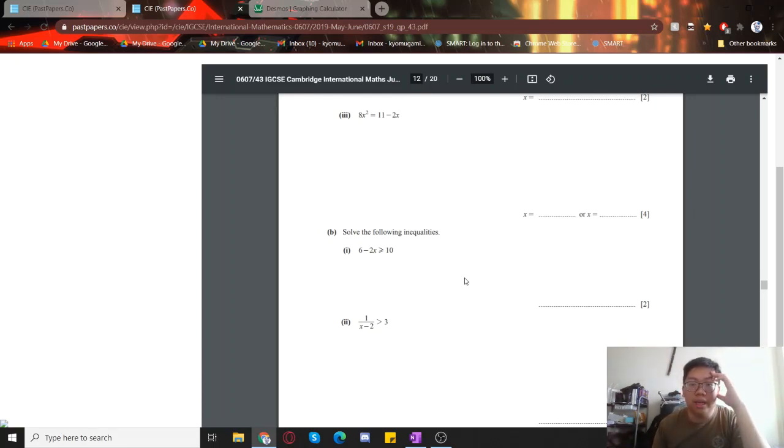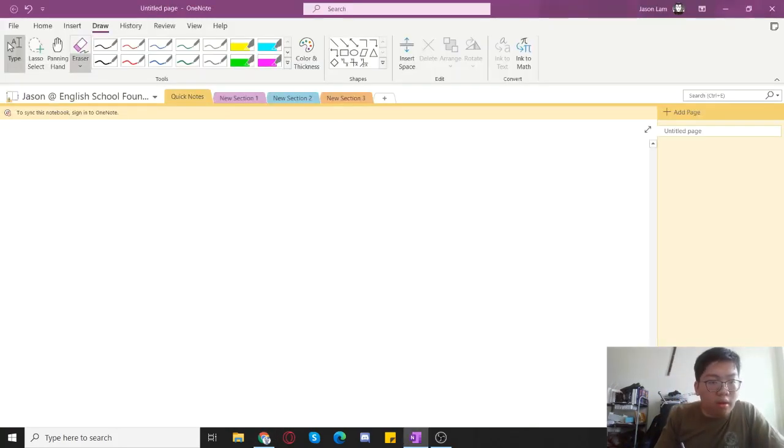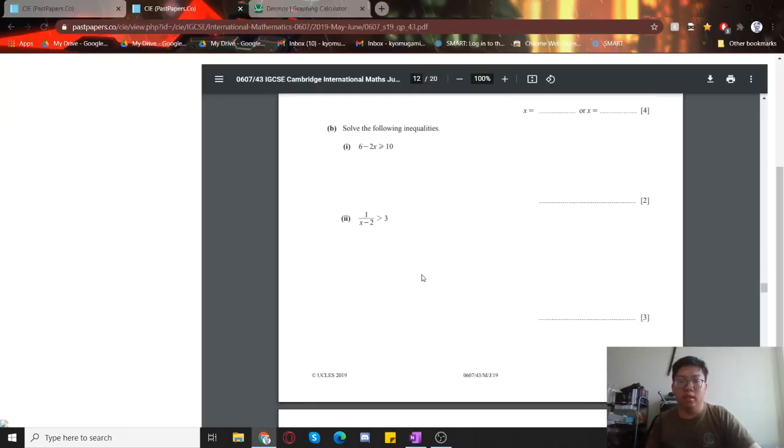The following is just rearrangement, so I won't worry too much. The first one should be, let's gloss over it quickly, 2x smaller or equal to minus 4. So let's solve this quickly. So x is just smaller. That's fine, we're just switching the sides.